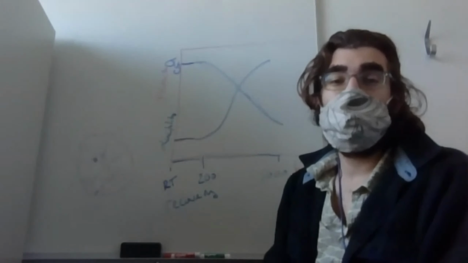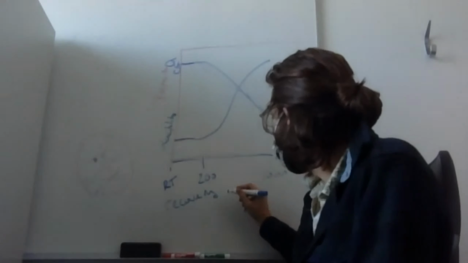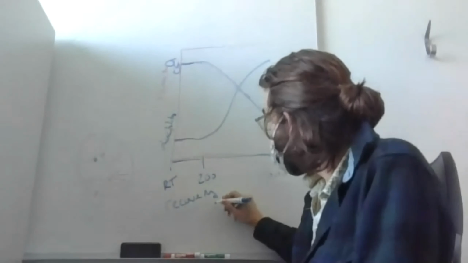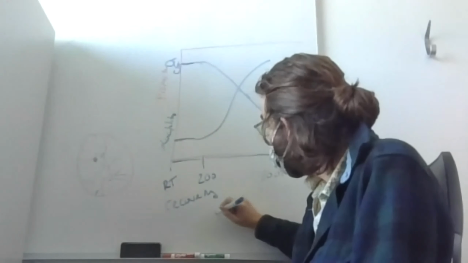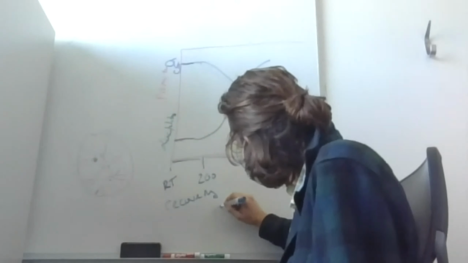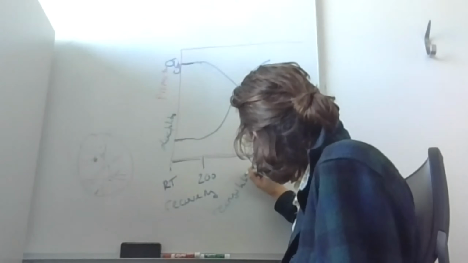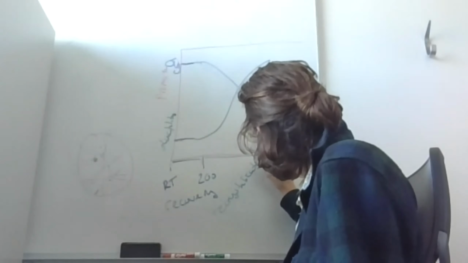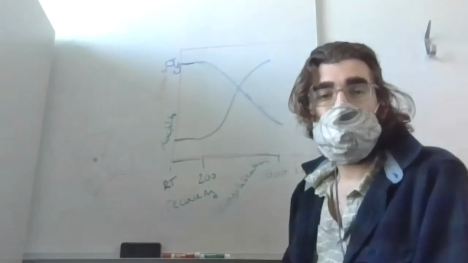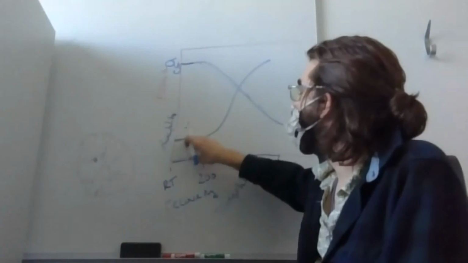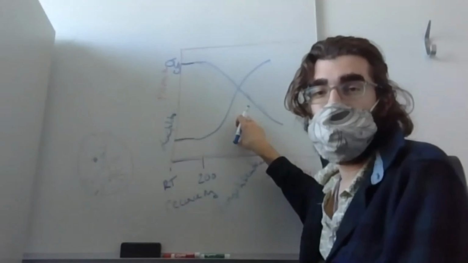So the yield stress decreases. And so we call this recrystallization. So recovery is the first step, recrystallization is the second step.